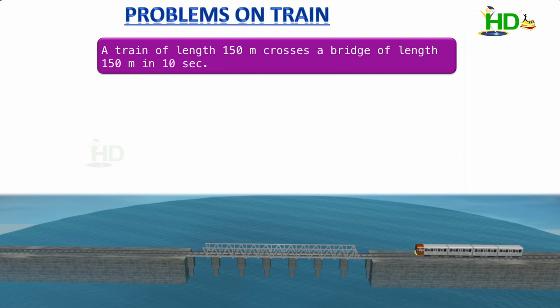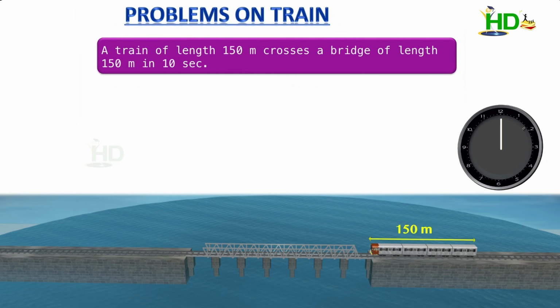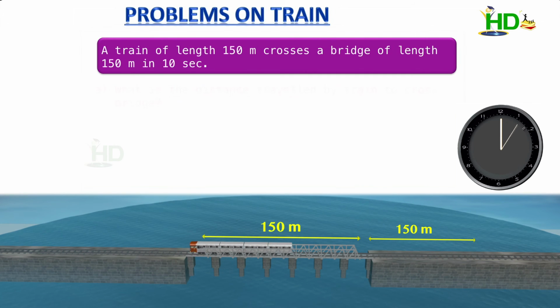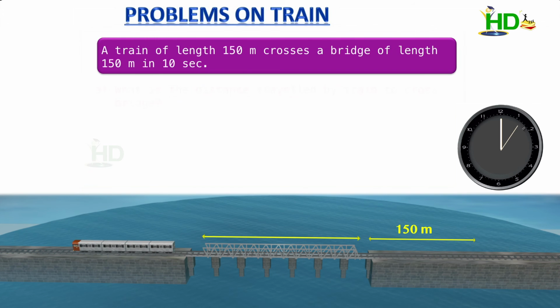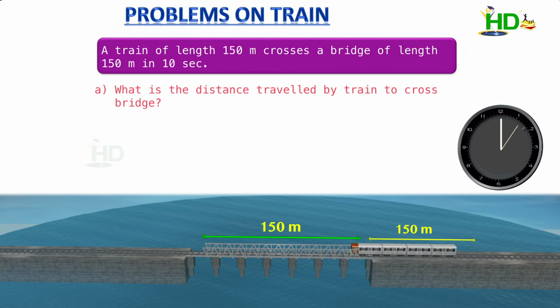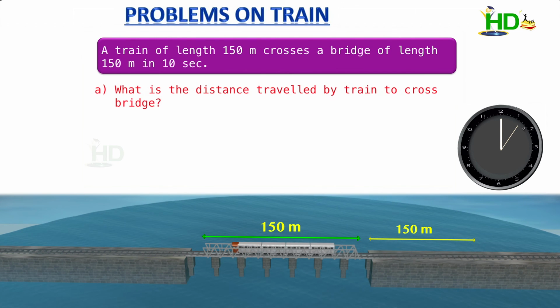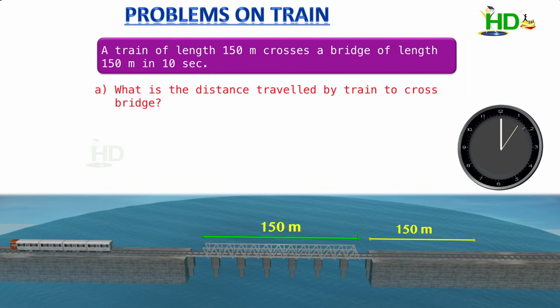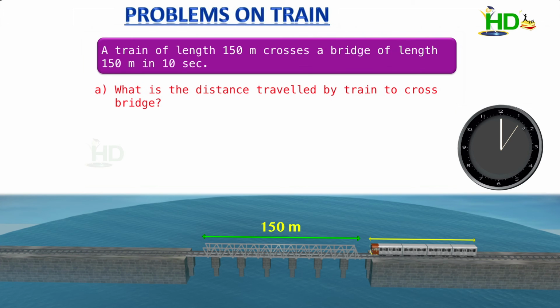Now we take another example. A train of length 150 meter crosses a bridge of length 150 meter in 10 seconds. The question related to this statement is: what is the distance traveled by the train to cross the bridge? What is given in our problem is a train of length 150 meter crossing a bridge of length 150 meter.